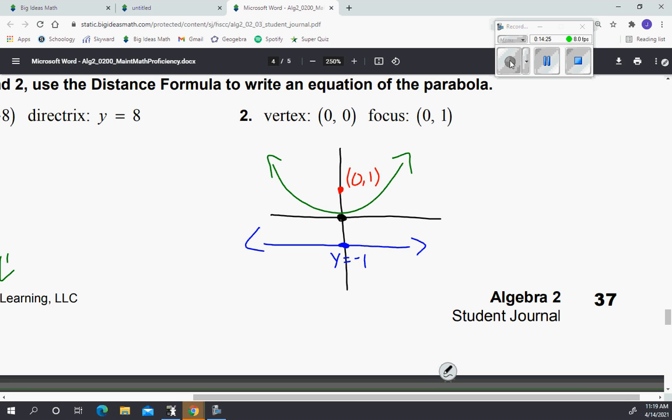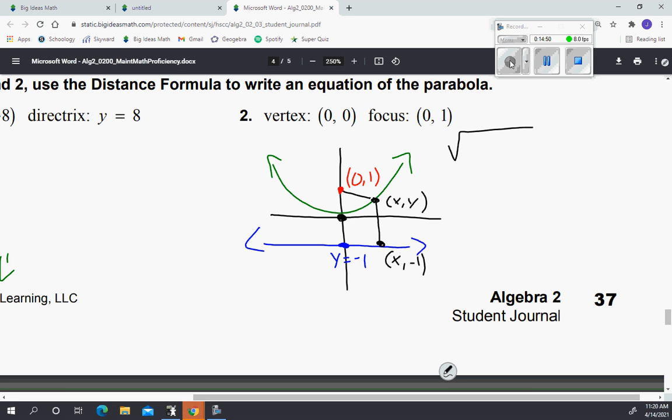Can I find this distance? That's going to be at x, y. And this distance at x, negative 1. Okay, actually let's just go through it since I've already drawn all this stuff. I need two different distance formulas here.